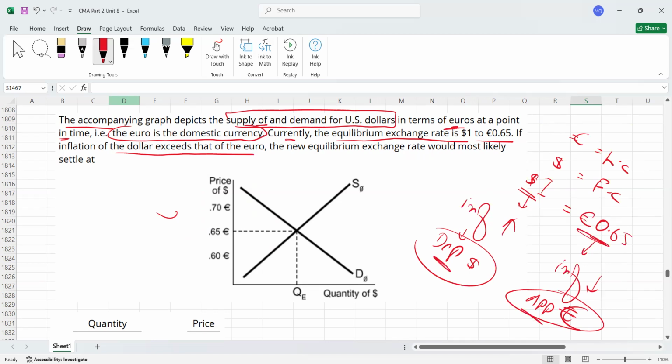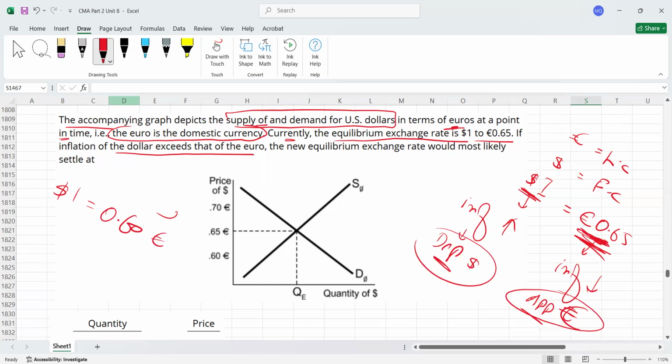Okay, now how would it appreciate? Previously, you were paying 0.65 euro to get $1, now the rate should be like that. You should get the same $1, but by paying less euro. Let's assume 0.60 euro, just assuming.